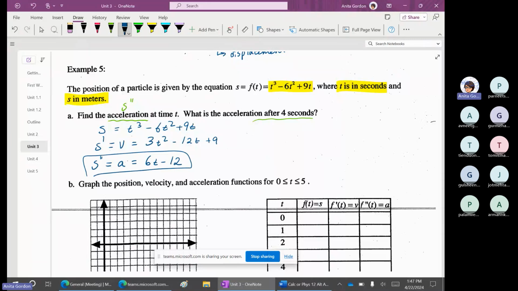This is the general acceleration. What will it be after 4 seconds? Well, then we just use substitution. Acceleration at 4 seconds is 6 times 4 minus 12. I want to say it's 12.